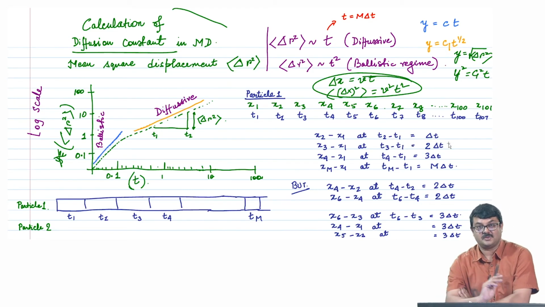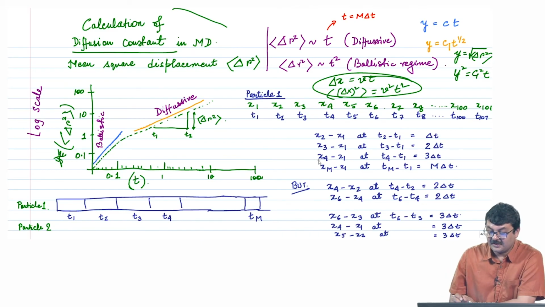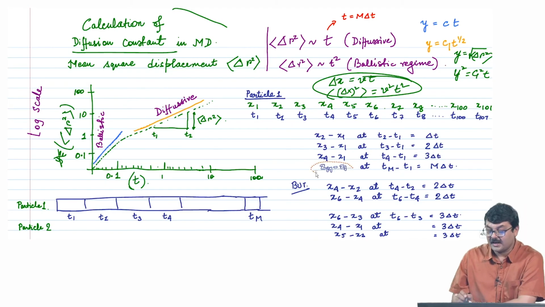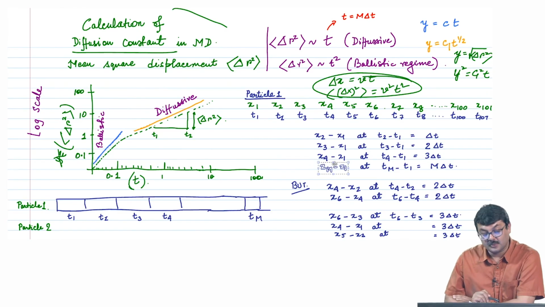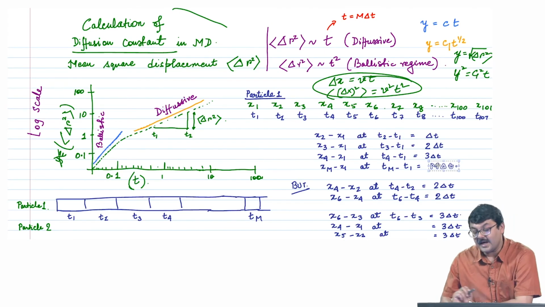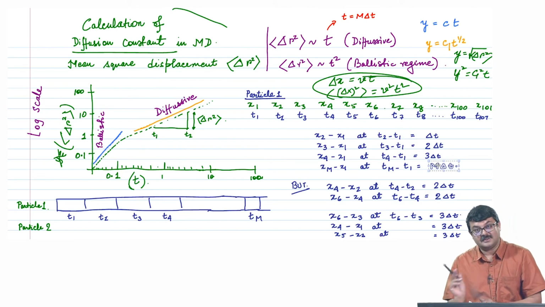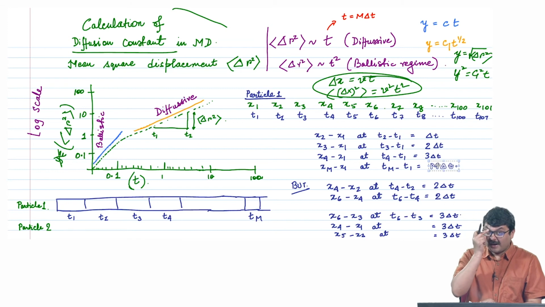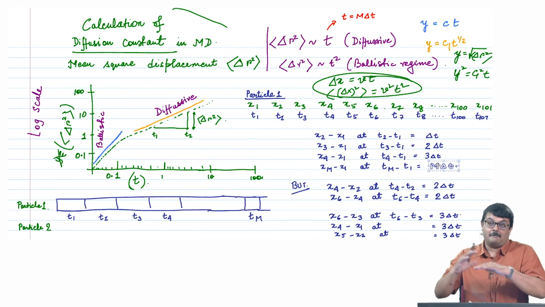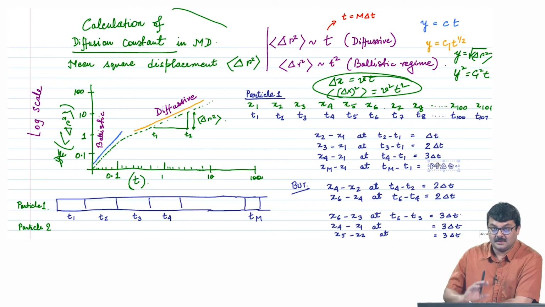And similarly, you can calculate x 4 minus x 1, which will give you the displacement after 3 delta t for a particular particle 1, and if you calculate x m minus x 1, it will give you the net displacement for particle 1 after m delta t. So, time equal to m delta t, but you need to do a statistical averaging, right, because you want to do it over many random walks.